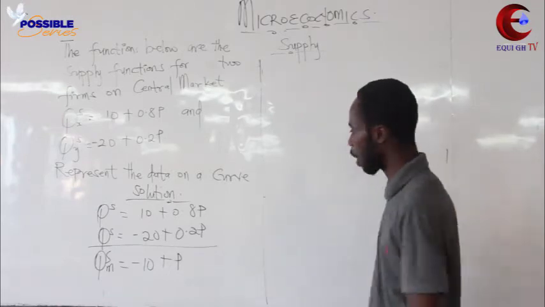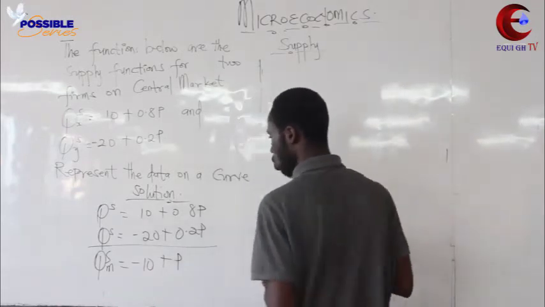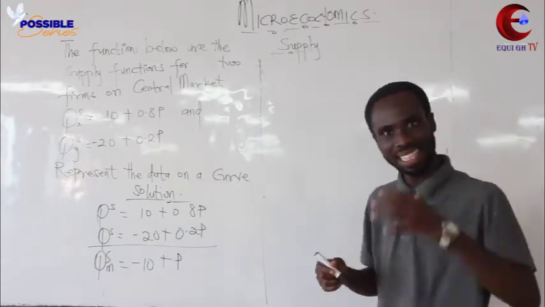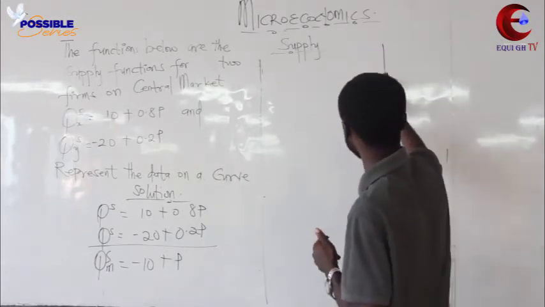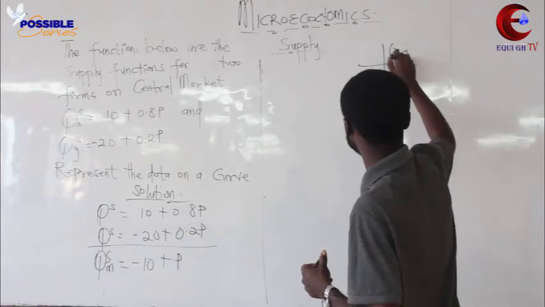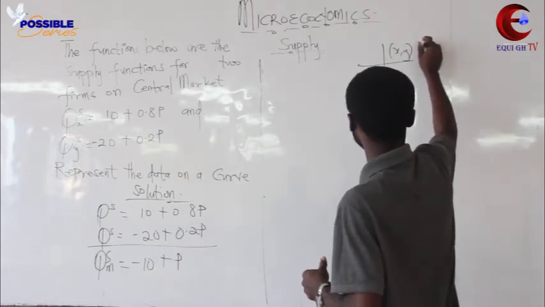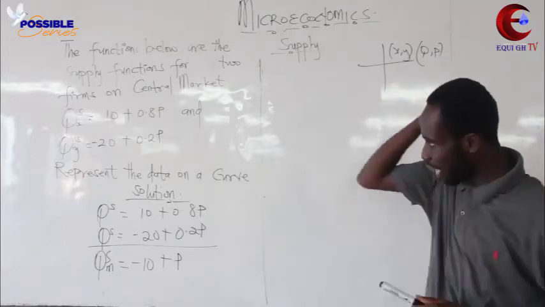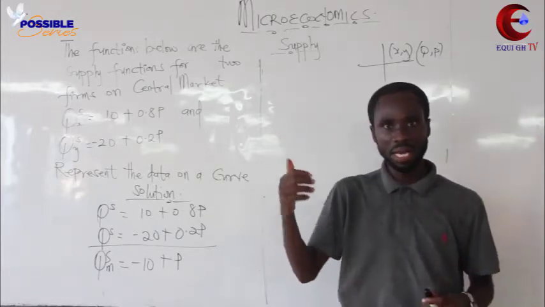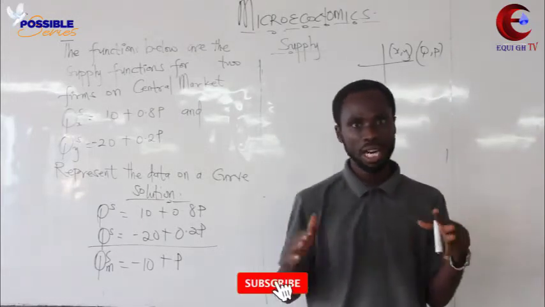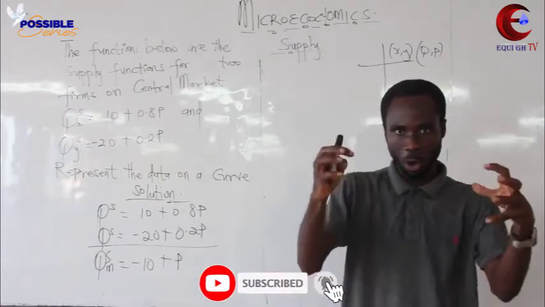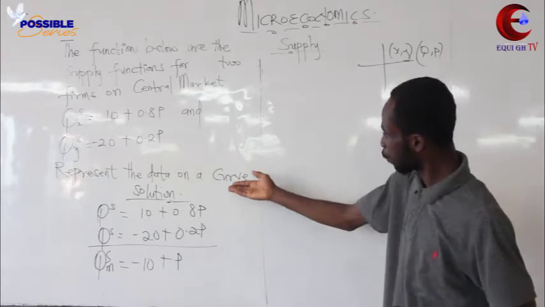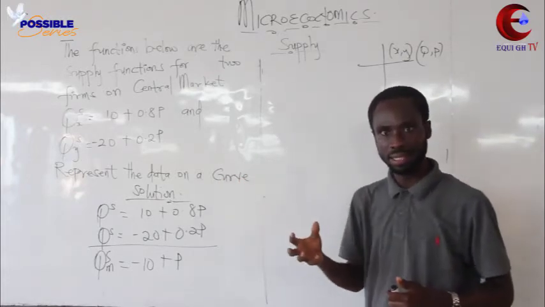So that's our market supply. And once we have our market supply, we are going to plot it on a curve. Now trust me, from the Cartesian plane, don't be confused, x and y coordinates, right? Over here we say Q and P because we are working under economics. Before we can plot the curves, we need coordinates.